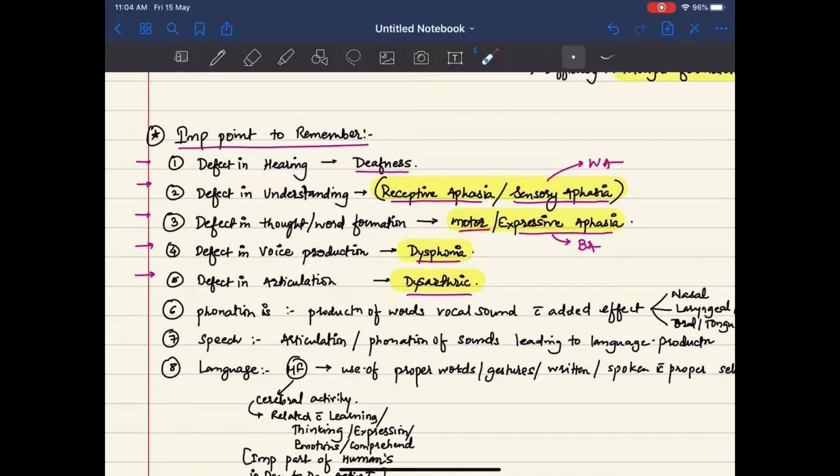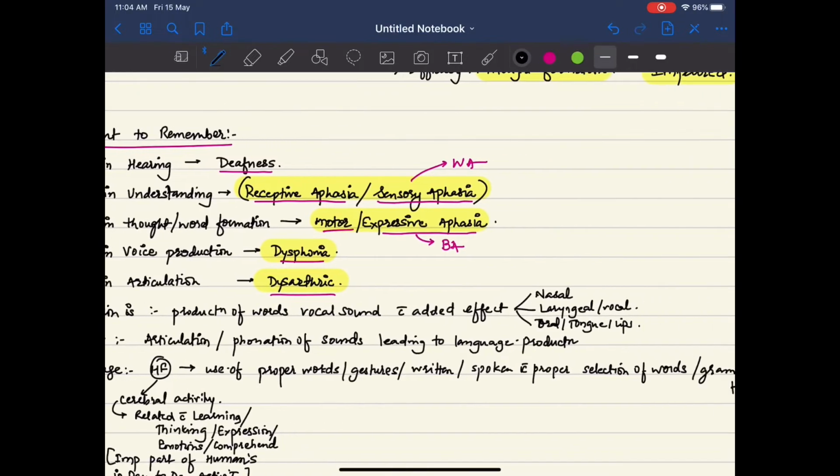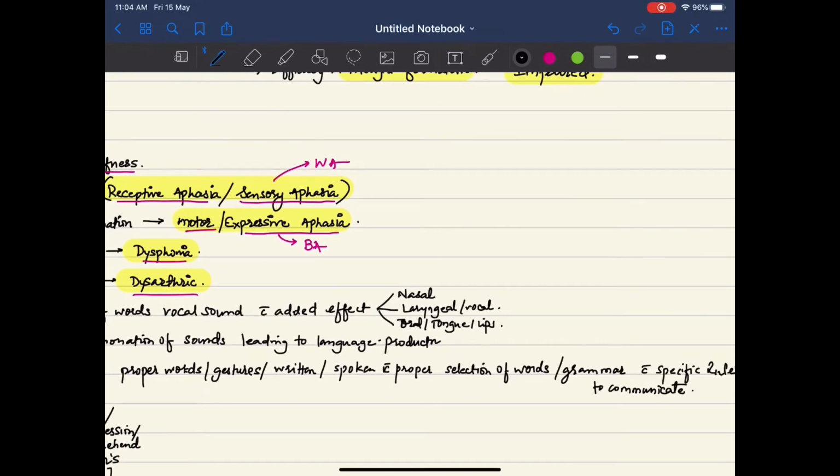Okay? There are a few other things which must be known by everyone, right? Disorder of language is aphasia. Please remember these things. Then next is disorder of articulation.